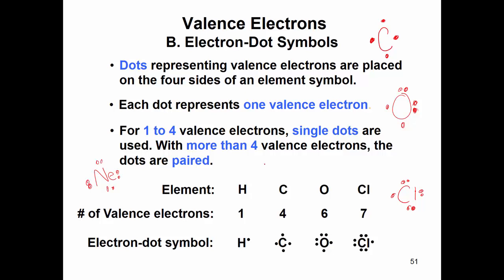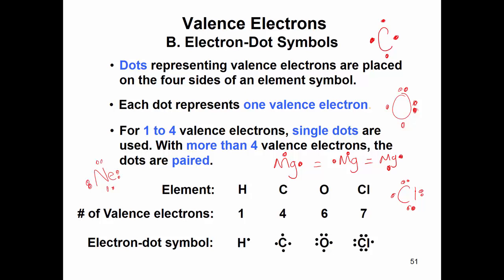If you had something like magnesium, it's in group 2, so it has 2 valence electrons. So we would draw 1 here and 1 here. I want you to notice it's not wrong if you go the other way. This is the same as this, the same as that.